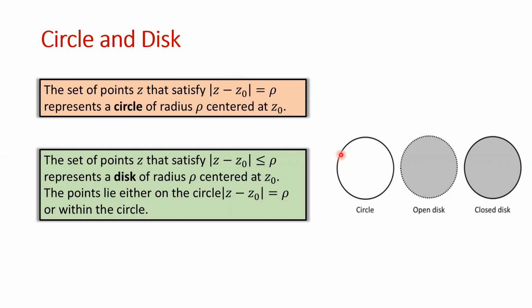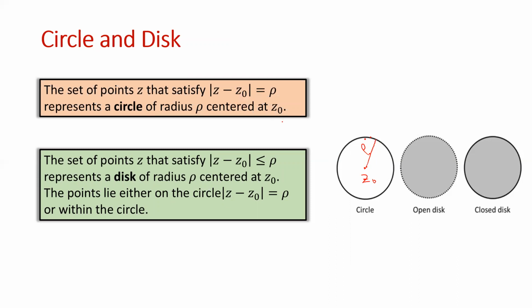So it includes this circle with center at Z0 and all these points Z, and their distance from Z0 is equal to rho. So it is a circle.